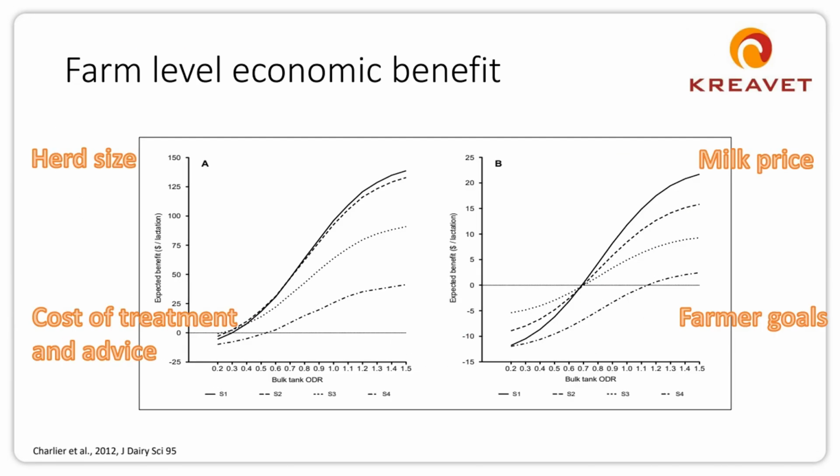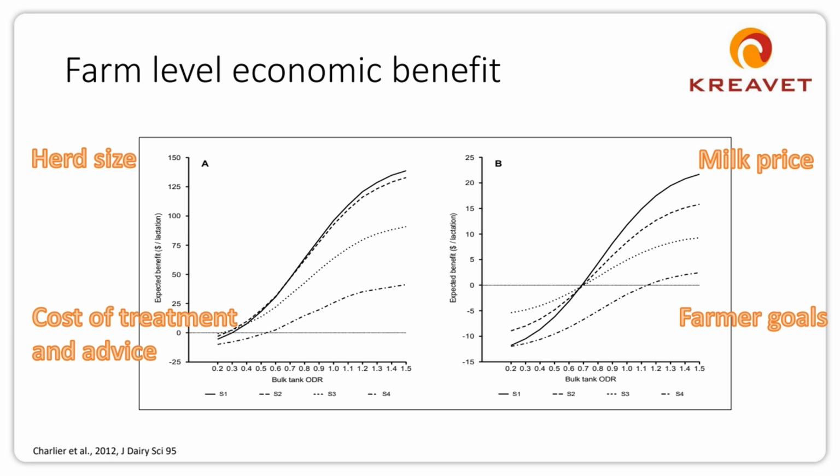I think I covered this one, meaning that there's so many factors that will affect the economic benefit on the farm. The most important factor is the milk price, because yes, this is the main output of a dairy farm. So if the milk price is good, you will see that farmers are more interested to do parasite control.